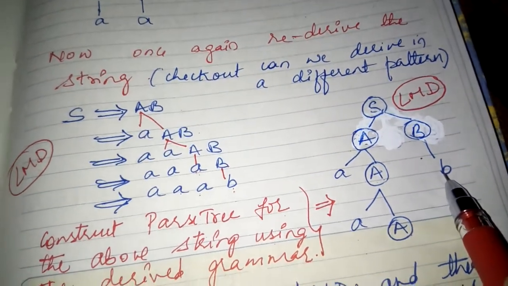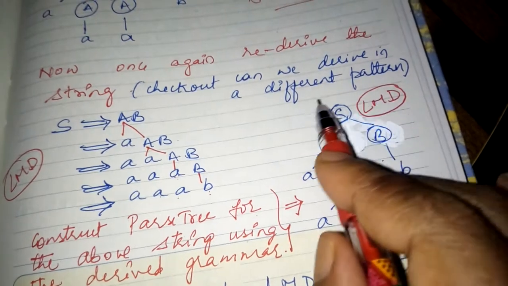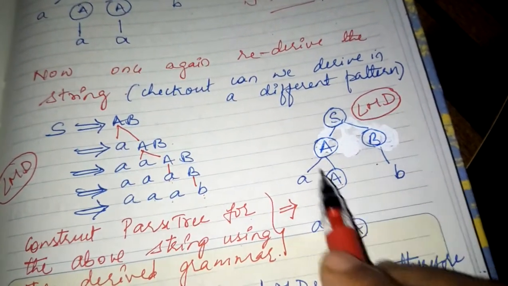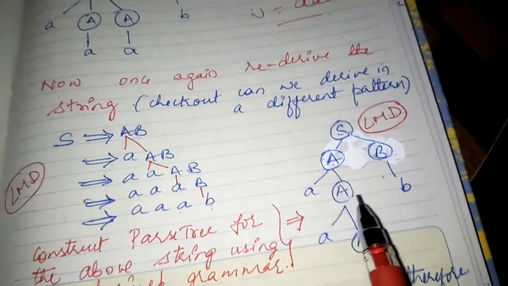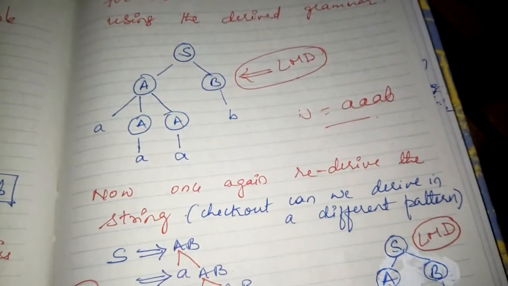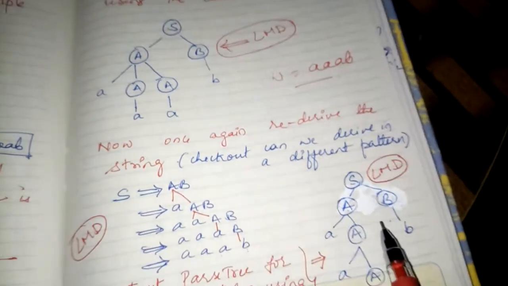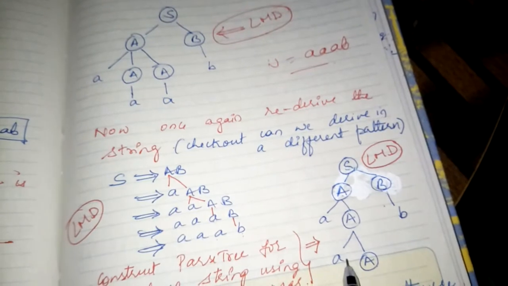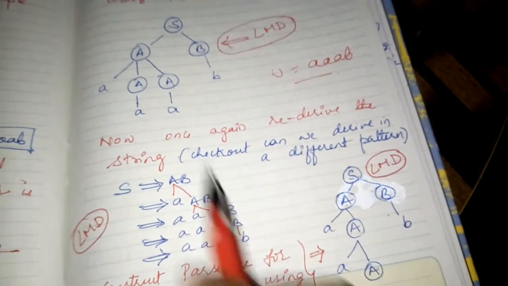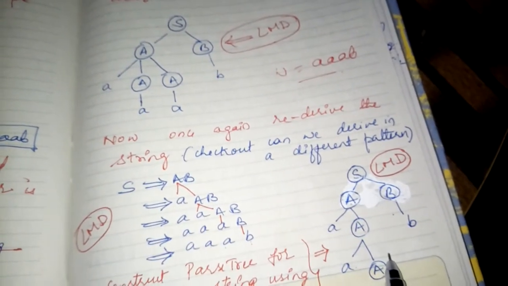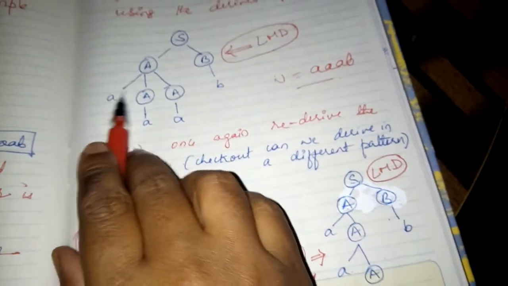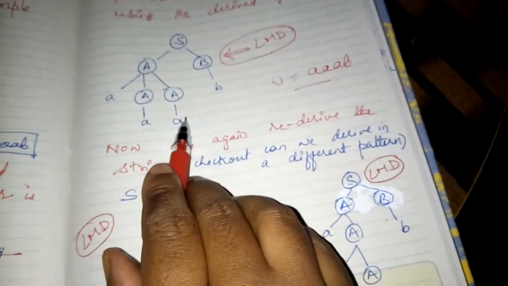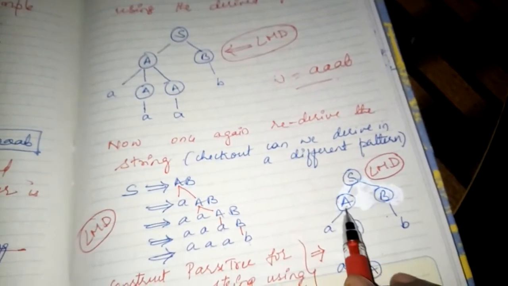Now what I will do is compare this parse tree with this parse tree. When I compare these two trees, you can see here there are three branches, 1, 2, 3, then 2. But when you look at here, how many?